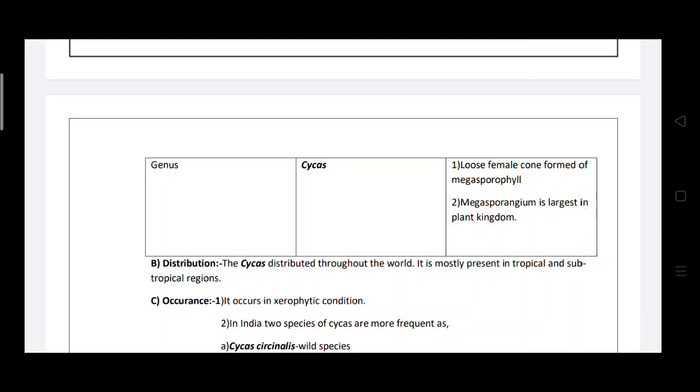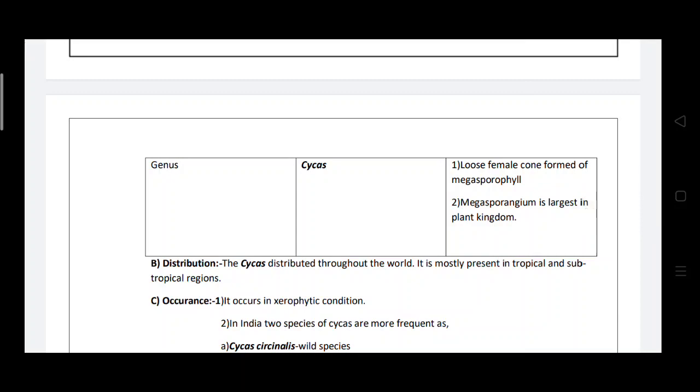As you have seen in pteridophytic or bryophytic plants, there are male gametes and female gametes. Similarly, here the male cone and female cone are there. Some species are bisexual, or some species are unisexual.